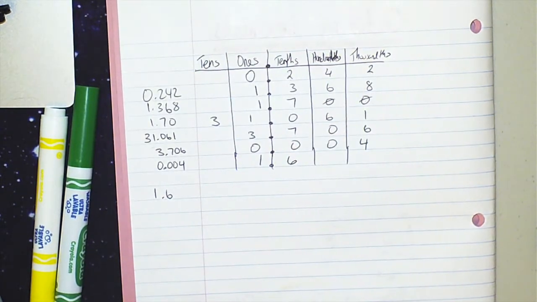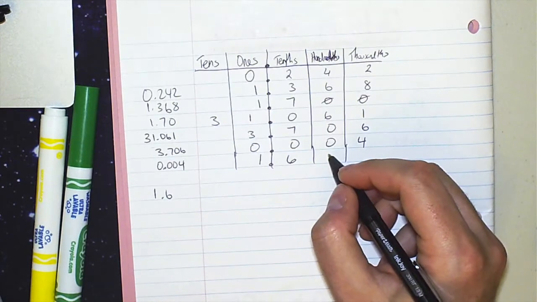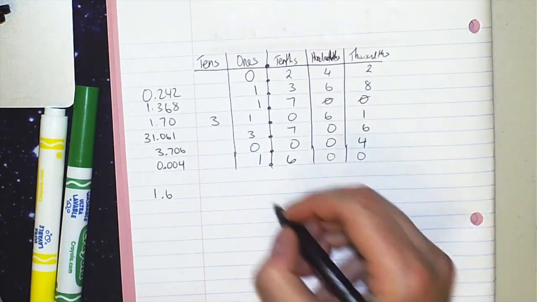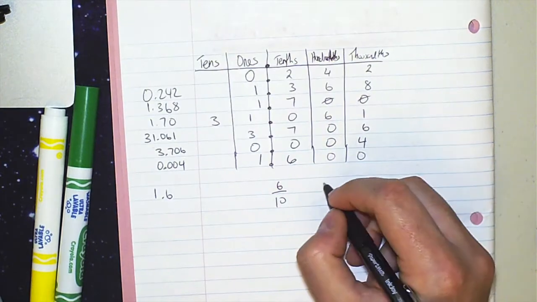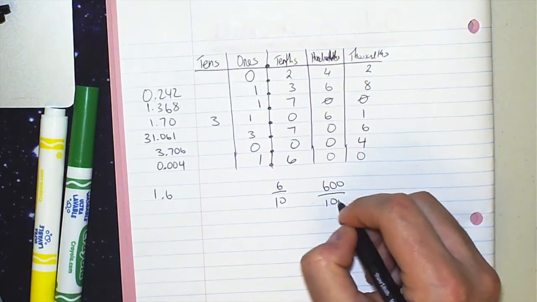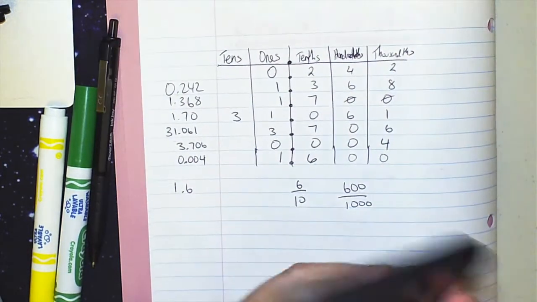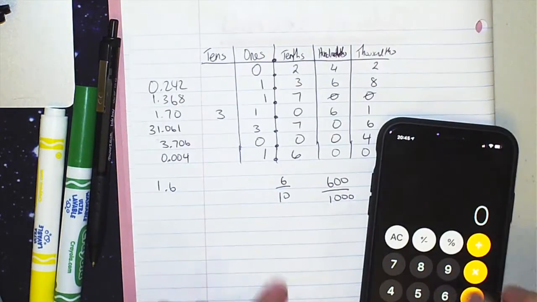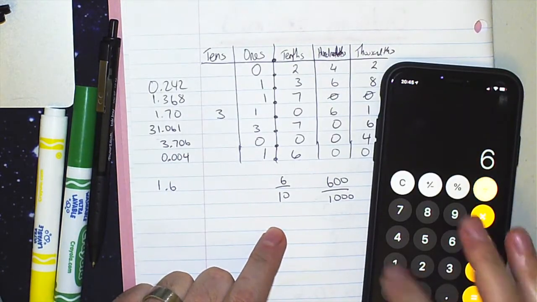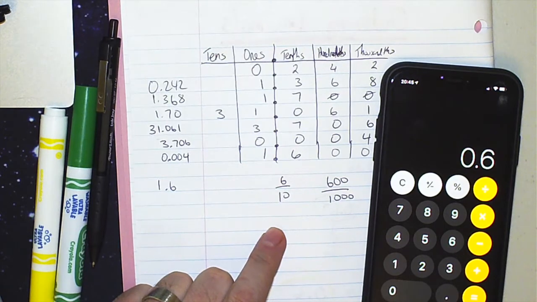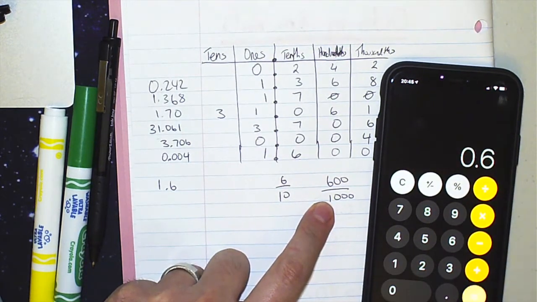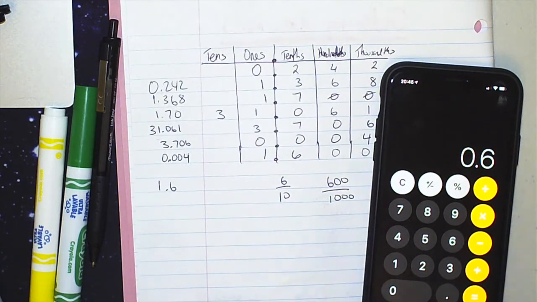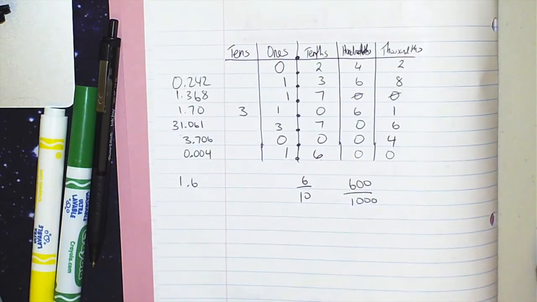That's 1.6. 1.6 is the same as 1.600 because 6/10, when you say 600, you're saying 600 over 1,000. So if you take the calculator and you do 6 divided by 10, you get 0.6. 600 divided by 1,000, 0.6. Same thing. So that's why we can leave that blank. They are equivalent and we do not need to identify them.